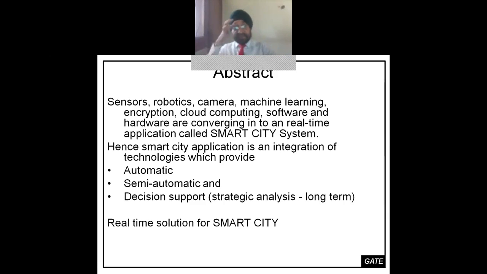For example, if we are talking about the signal lights, at any point of time through the system, we can change the signal. We can change red to green, green to yellow, whatever. So that means the integration enables us to take automatic decisions. And then there are semi-automatic, meaning we can inform a person so that he can take the appropriate decision.